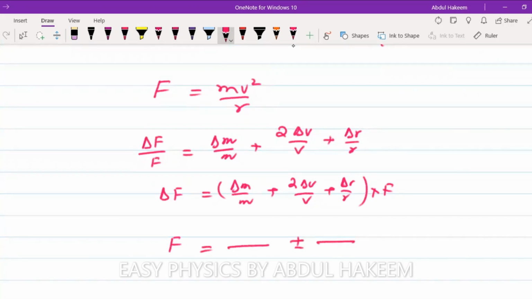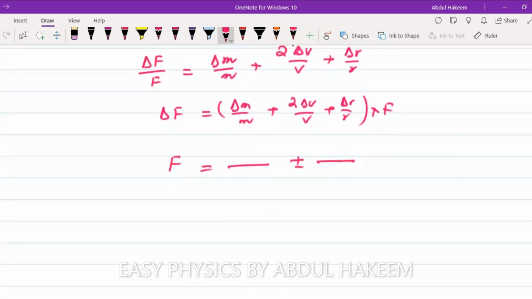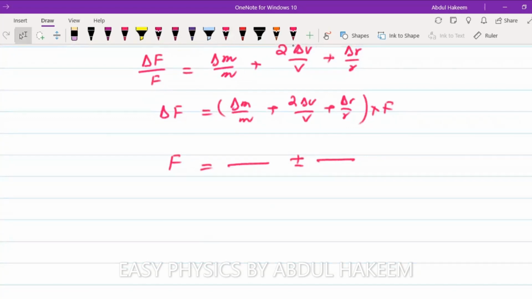Okay, so then the measurement from the CRO. If the time period is required, then the formula is time-base setting multiplied by the number of horizontal boxes covered by one wave horizontally, that's the period.